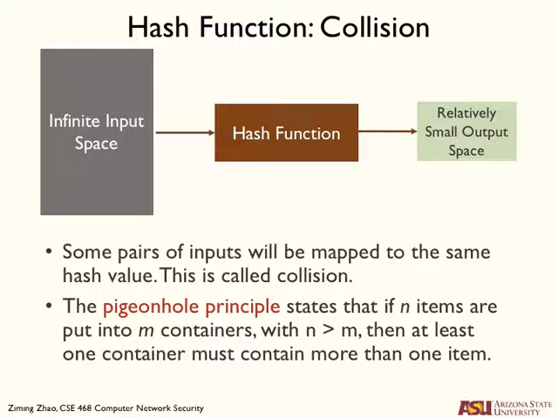When that happens, it is called a collision. This is inevitable. But if we make the output space bigger, it will be harder for us to find those collisions. But in theory, it's inevitable.